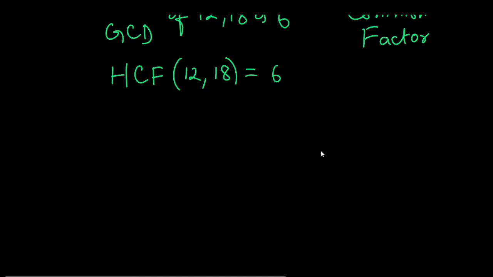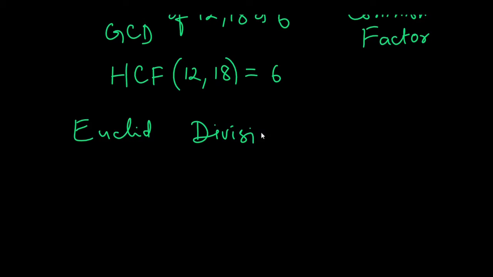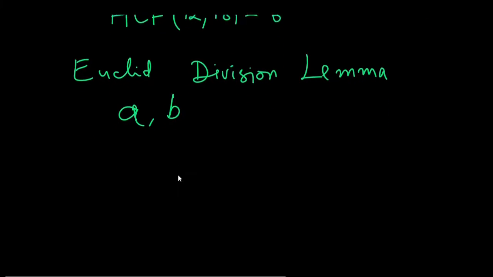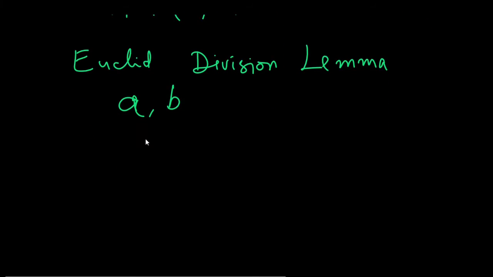Now using Euclid's division lemma, let us see what is a divisor, what is a factor. In Euclid's division lemma, if we take two positive integers a and b, we can write there exist q and r.